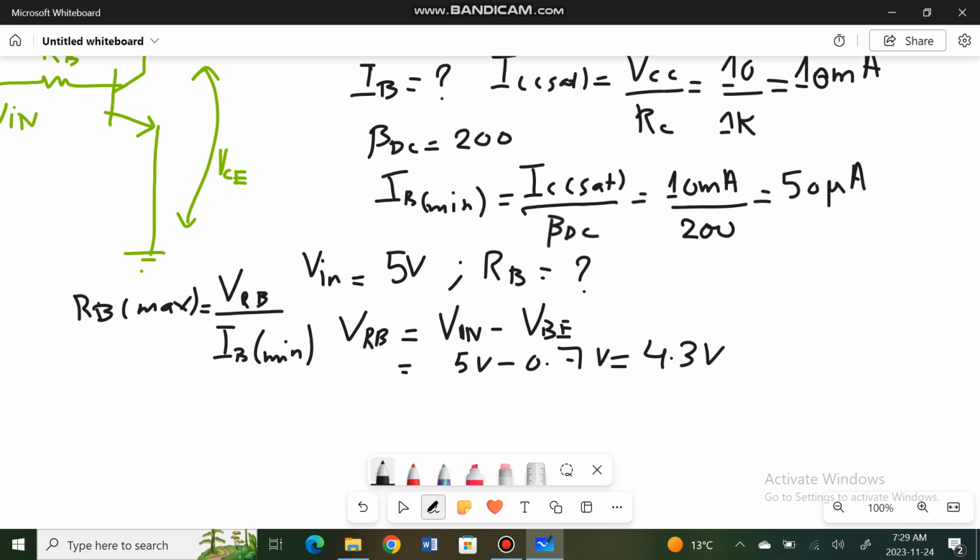Since there is an inverse relation between the resistance and the current, 4.3 volts divided by 50 microamperes gives 86 kilo ohms resistor at the base terminal.